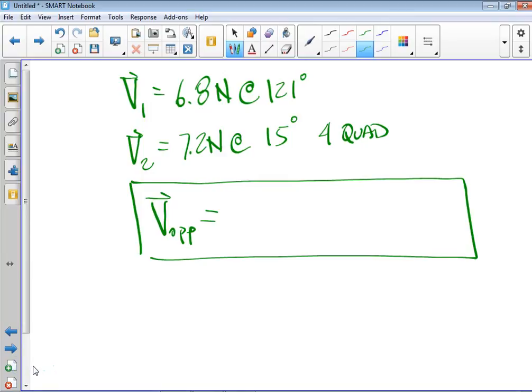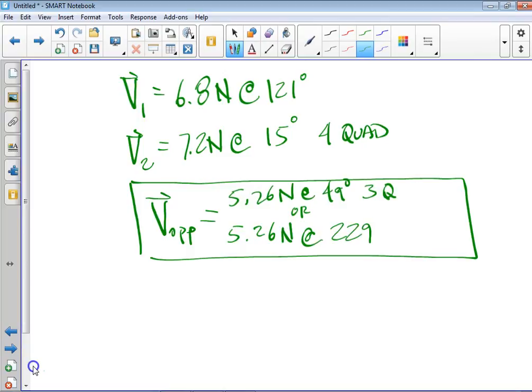Okay, so hopefully you haven't cheated and just let the video run. It should come out to be, we'll write it two ways, 5.26 newtons at 49 degrees in the third quadrant. Or an even better way to write it would be 5.26 newtons at 229 degrees.